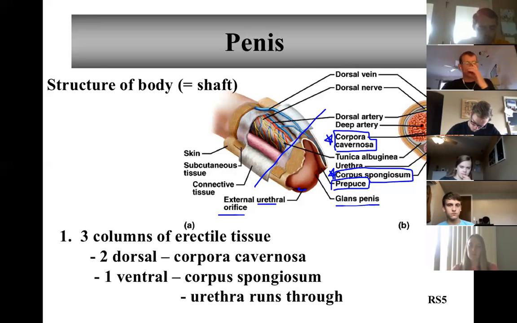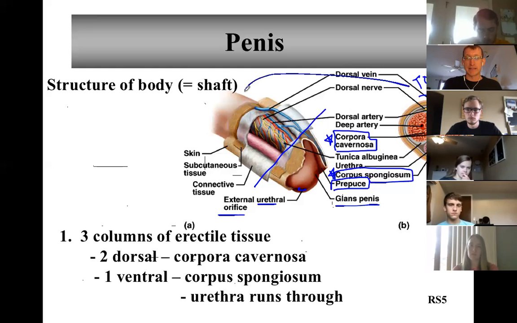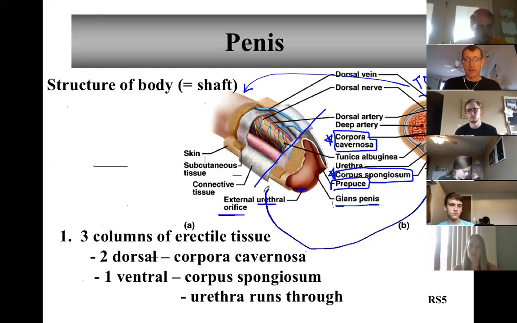And the reason that makes this design kind of interesting is, let's say this side right here is the top. This would be, let's say, anterior and superior. So that's this side. The bottom, where the urethra comes out, is this side.